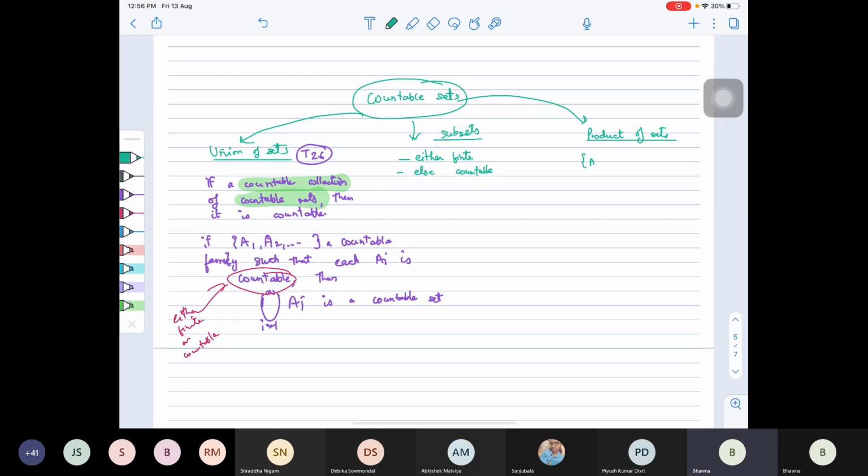So I am saying that if A1, A2, dot dot dot, AN is a finite family of sets such that each Ai, 1 less than or equal to i less than or equal to n, is countable, then A1 cross product with up to AN is countable.